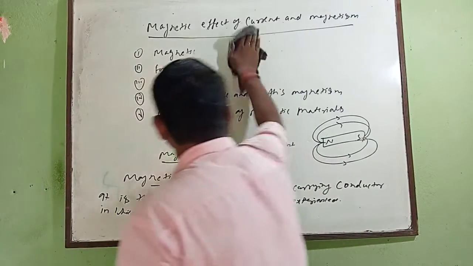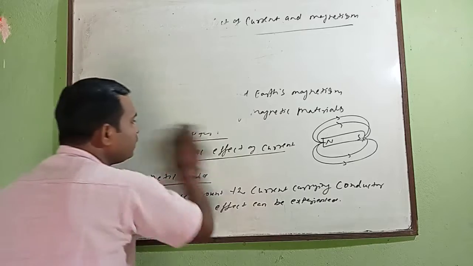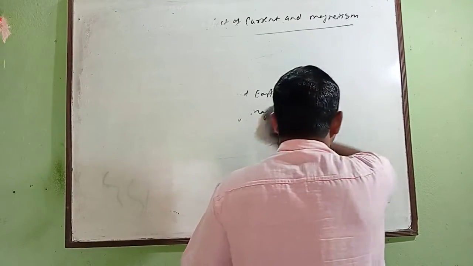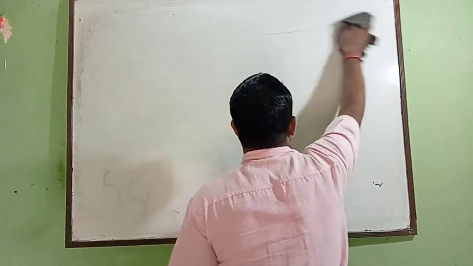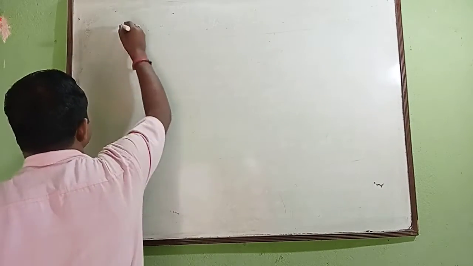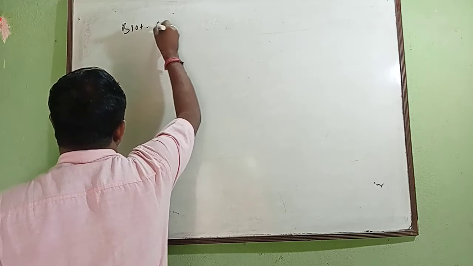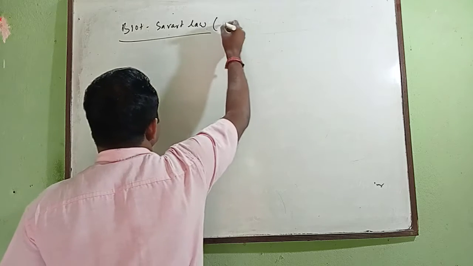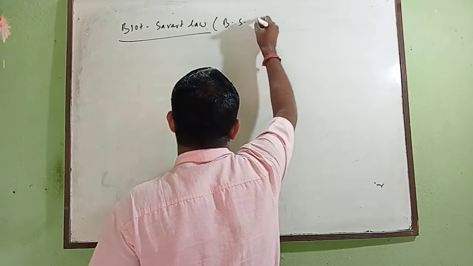Okay, very good. Now today we are going to discuss a very important topic, that is called the Biot-Savart law. What is the Biot-Savart law? Biot-Savart law, or you can say BSL.